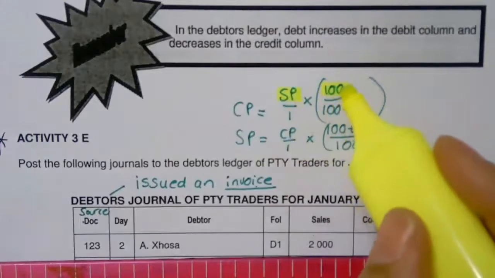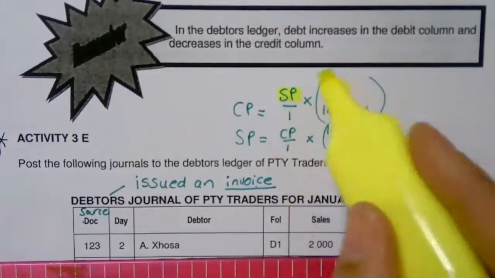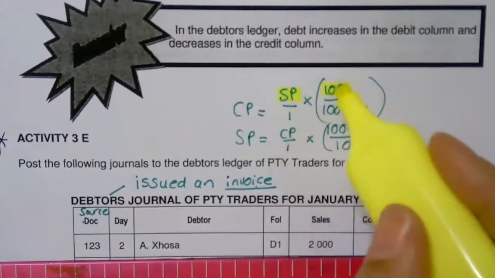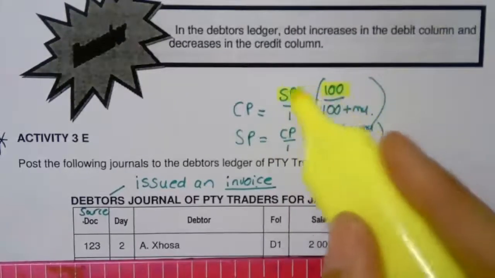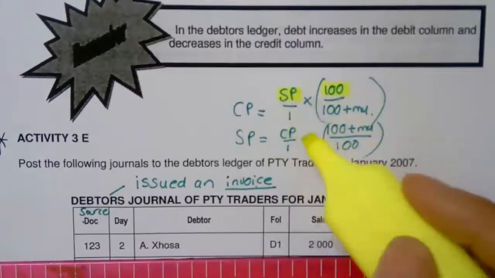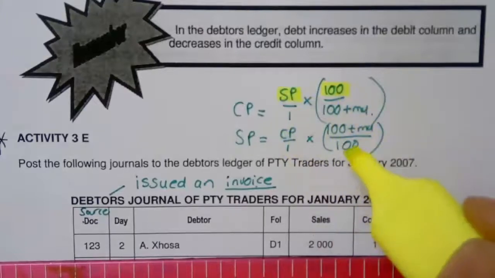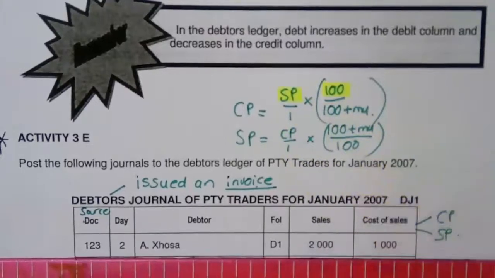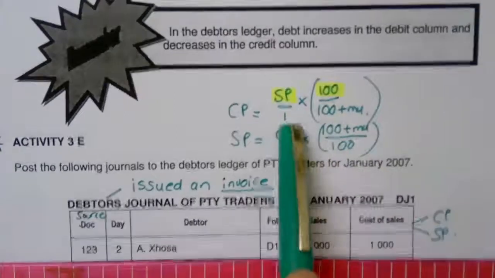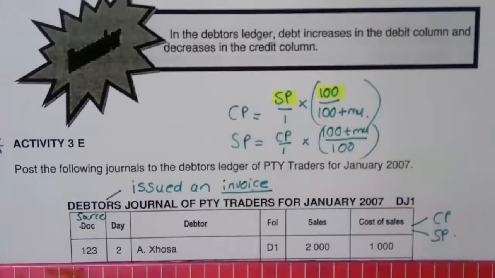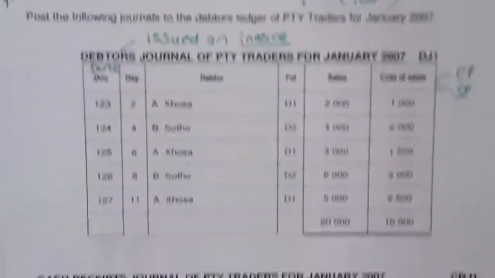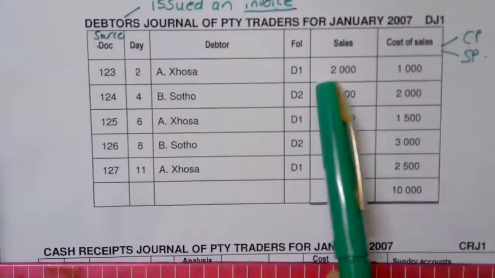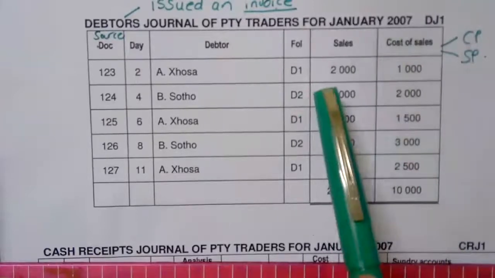So that's the association to help remember that the 100 goes with the SP. And then with CP, the 100 goes below. That's just a tip to remember the calculations, but you have to study this off by heart. You need to know the calculations. So in the transaction, they would either give you both or you have to calculate one of the two.